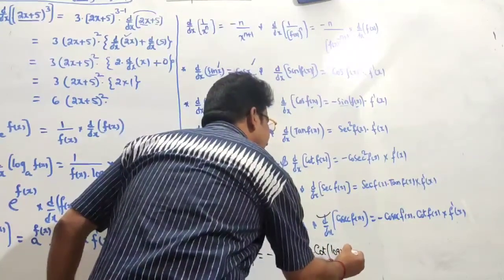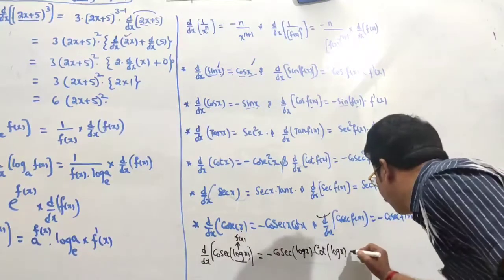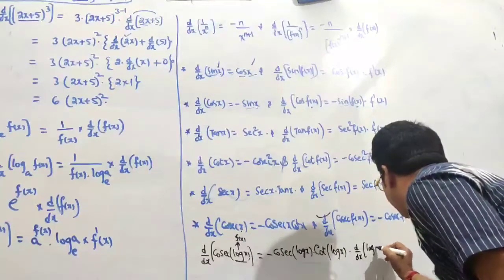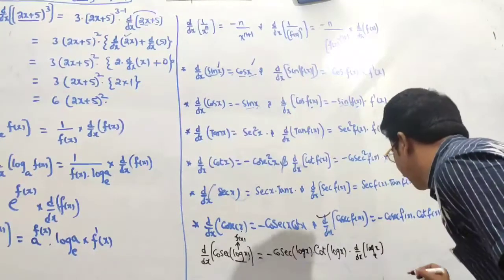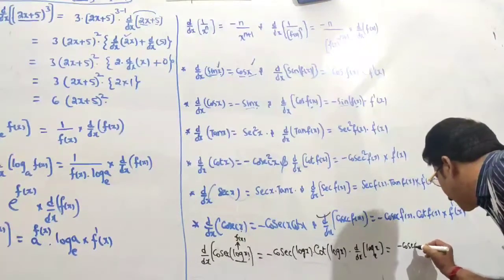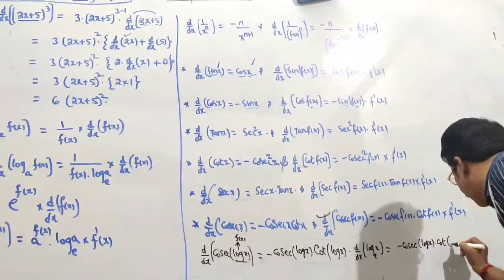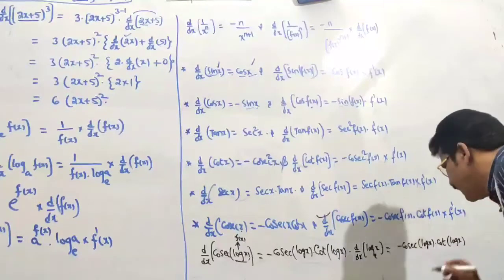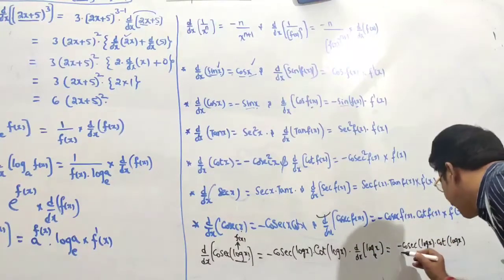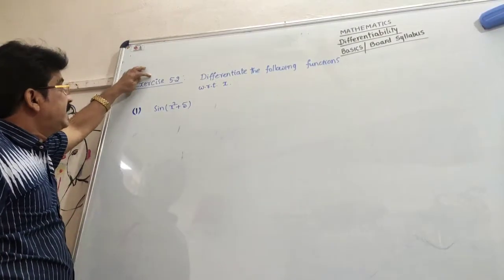Log x into f dash of x. f dash of x means what? d by dx of log x. It is to be understood that basic. So that is equal to minus cosecant of log x into cot of log x. d by dx of log x, already I said standard form 1 by x. So it is divided by x. Over.